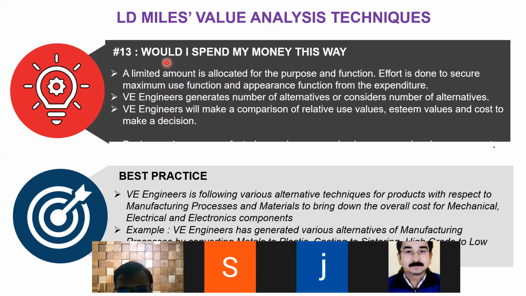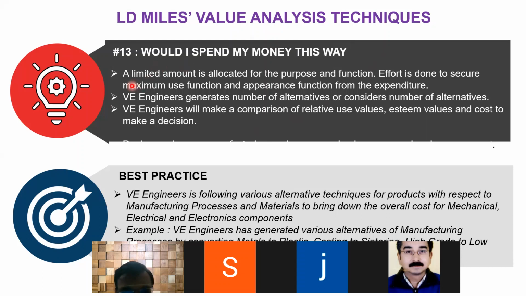Whenever you spend money, you always need to think whether you need to spend your money this way. That's why, even for your process or your product, you try to analyze whether your company needs to spend so much money for that particular process. Go for the least process cost without affecting the function, and at the same time the productivity or the cycle time, whatever you call it.